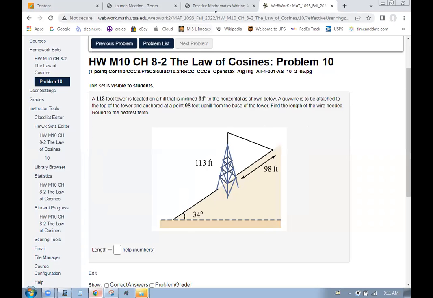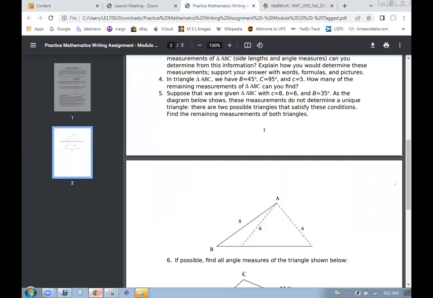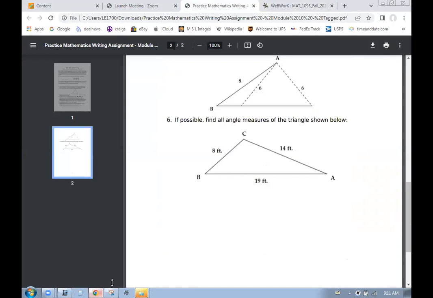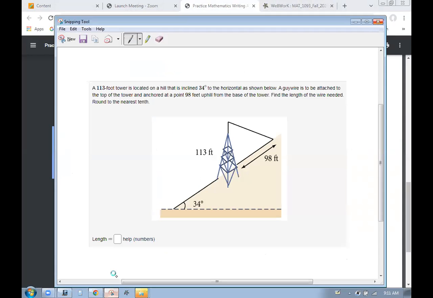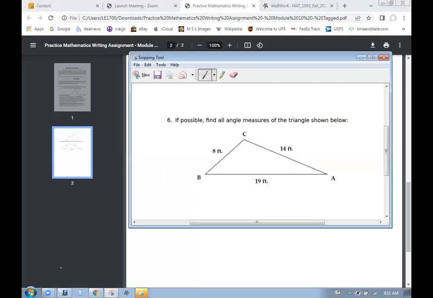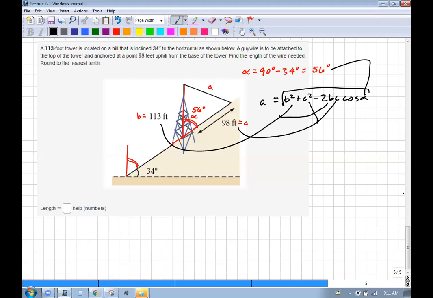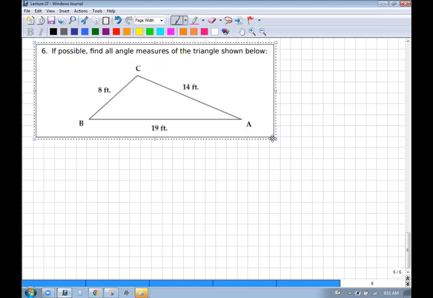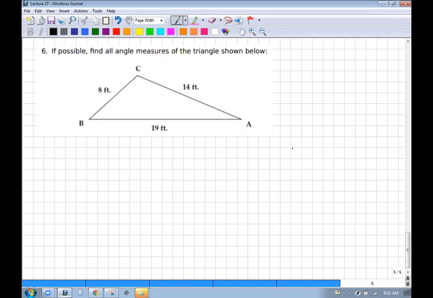There's also a writing assignment due. Let's see if we can work some of these. Look at number 6 here. If possible, find all angle measures of the triangle shown below.